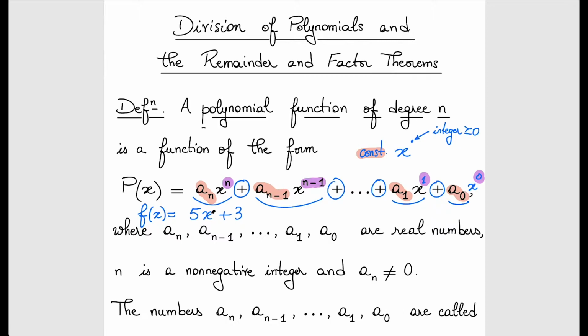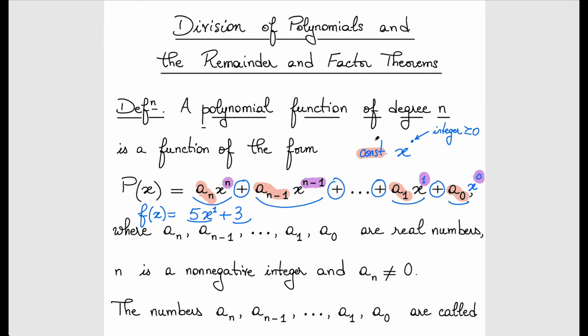It's a finite sum, so it's a sum of two entities, 1, 2, and each one of them looks like a constant times x to some integer, which is at least 0. For example, here the constant part, for this term, is 5, and the exponent is 1. Correct? And 1 is clearly an integer bigger than or equal to 0.